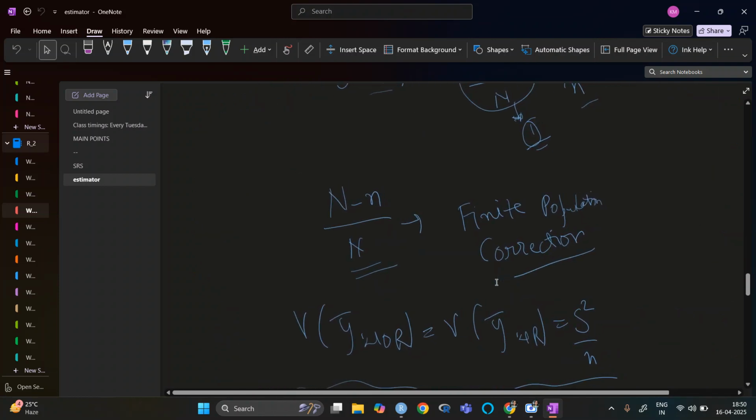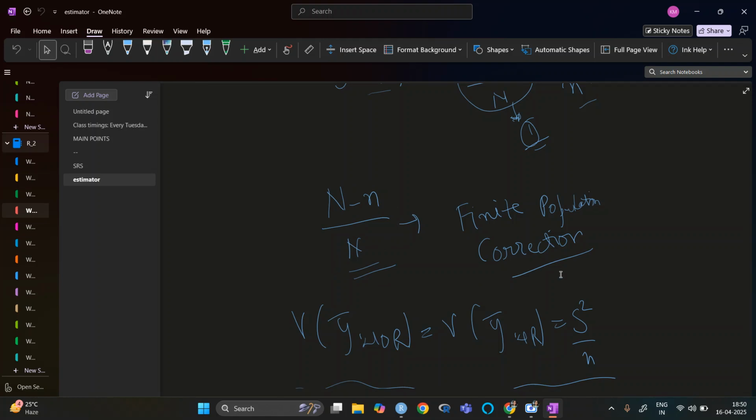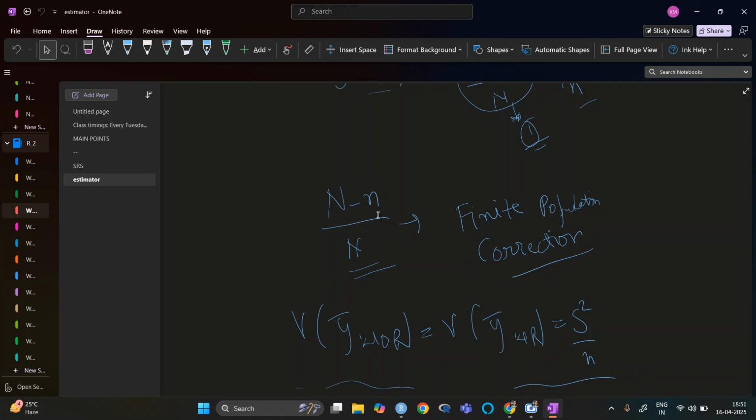This one is called the finite population correction. If you have a very large population, you can ignore this, because N minus n will not matter. If the population size is 1000 and n is 10, then 990 by 1000 is 0.99, almost equal to 1.